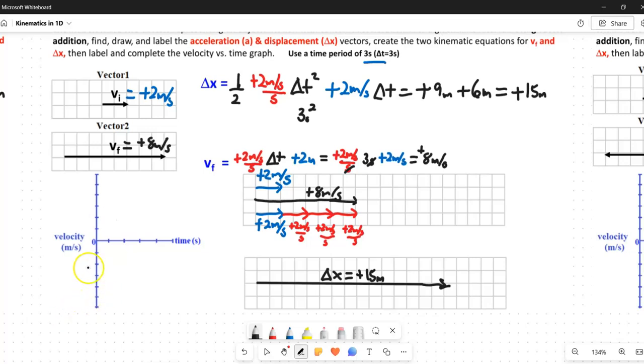On your velocity versus time graph, this is 1, 2, 3, so this is going to be negative 6. This is going to be positive 6 up here, and I'm just going to put a positive 3 and a negative 3. 0, 0. This is 1, 2, 3 seconds. That's all we need.